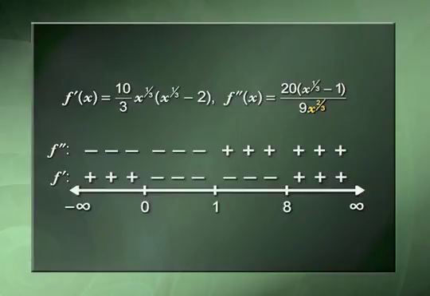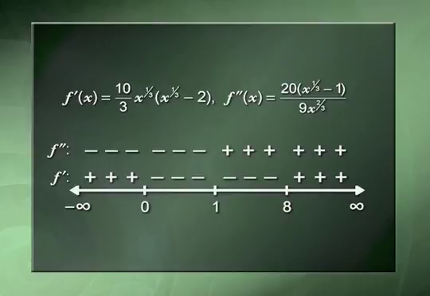So it's not going to change sign when I cross x equals 0. So it's concave down from minus infinity to 0, concave down from 0 to 1, and then concave up from 1 to infinity. And clearly x equals 1 is an inflection point because the concavity changes.